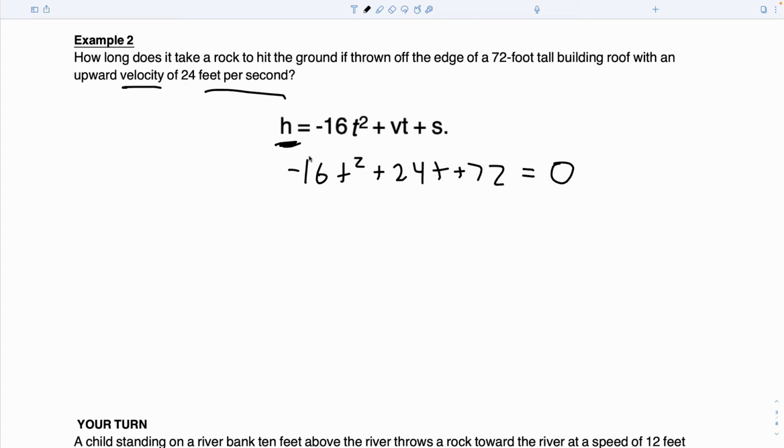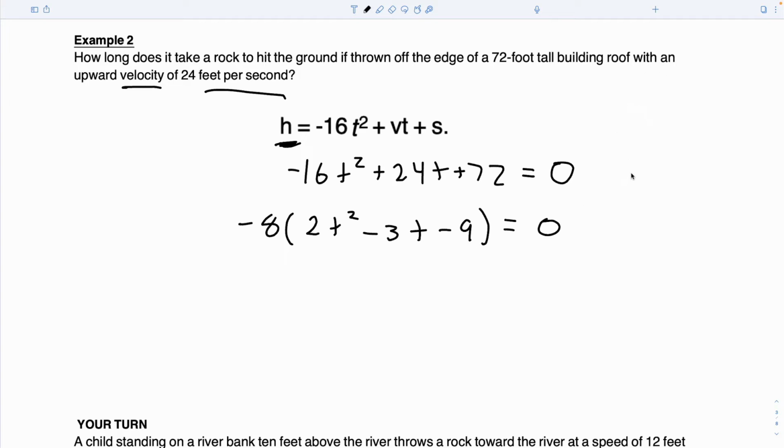And since the t squared is negative, what could I factor out along with the 8? If I want to make it positive, let's factor out a negative 8. And let's do 2t squared minus 3t minus 9. Cool.